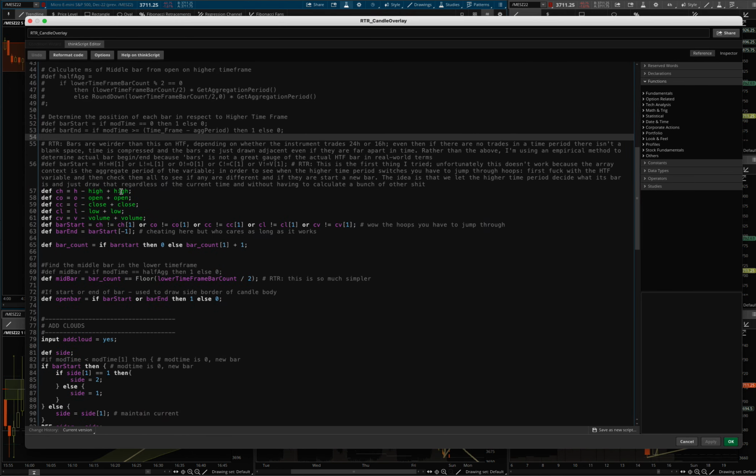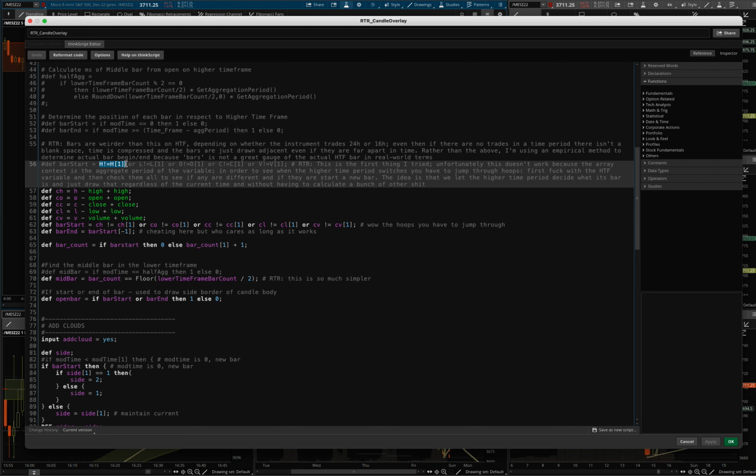So what I ended up doing was, I tried this bar start equals, saying if the H doesn't equal the H1, but quickly I realized that this is using the higher time frame candle array. So when you say H1, you're saying the previous H1, and that's always true.